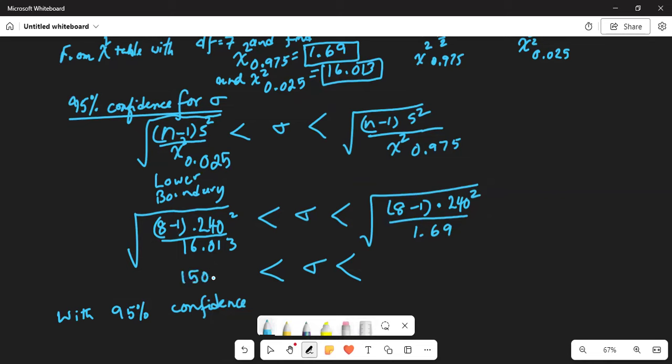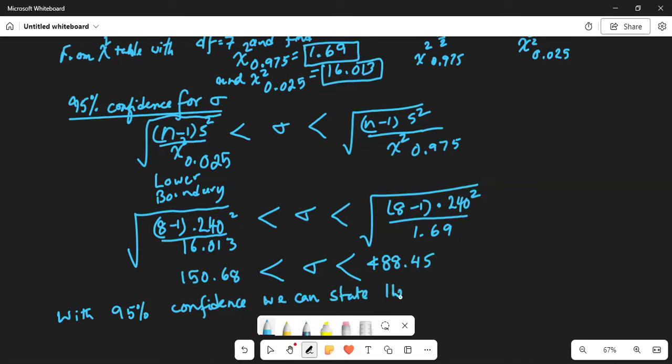And this one is second x square gives me the square root, 7 multiplied by 240 squared divided by 1.69. And that is equal to 488.45.